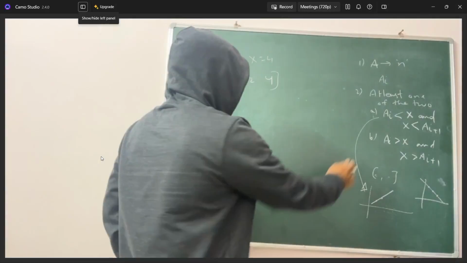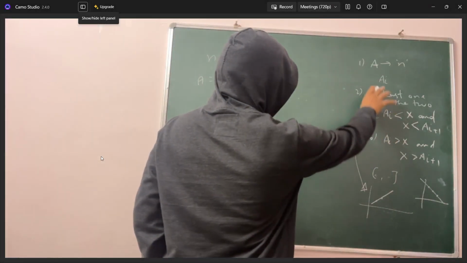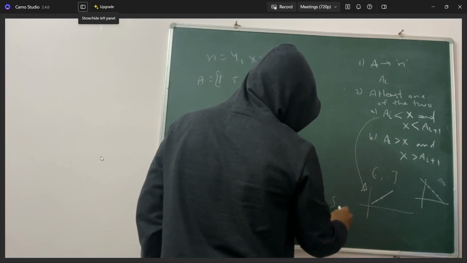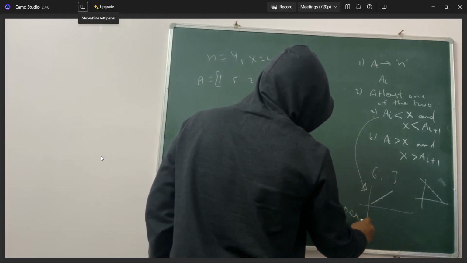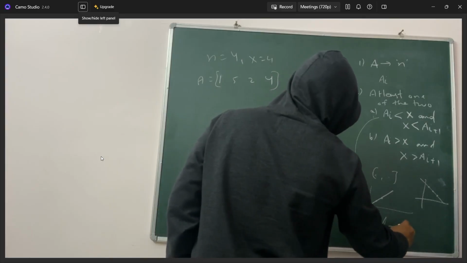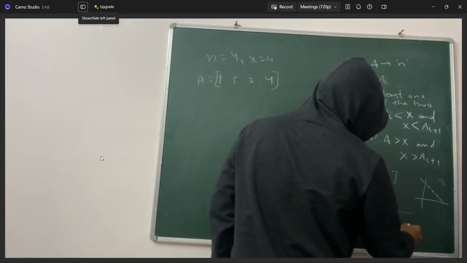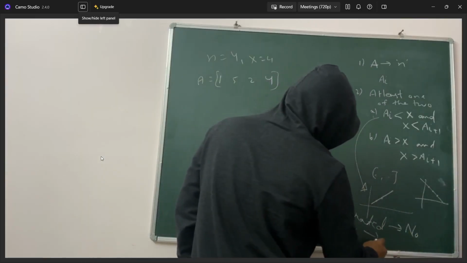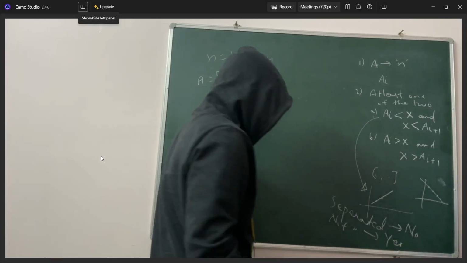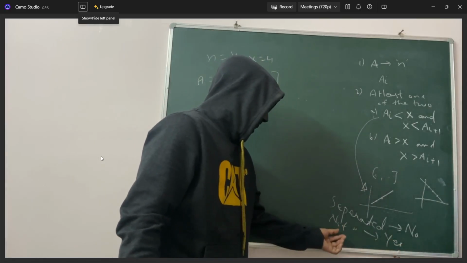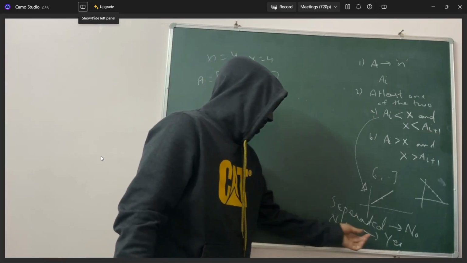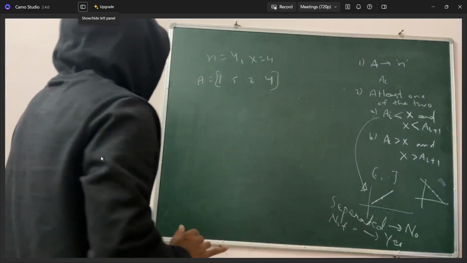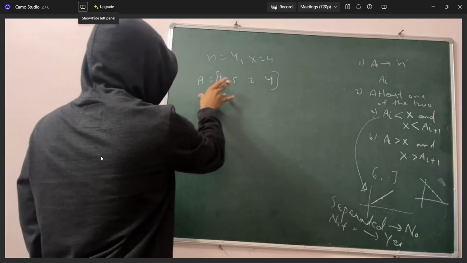If any one of the conditions is satisfied, then it is separated, and we'll have to output no. If it is not separated, then we'll output yes, because the question asks about not separated. Understood?